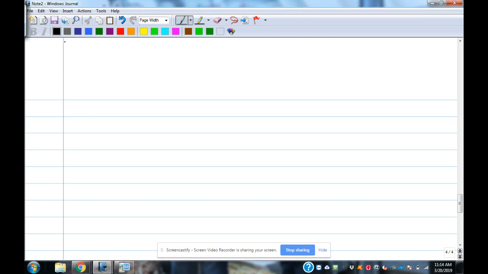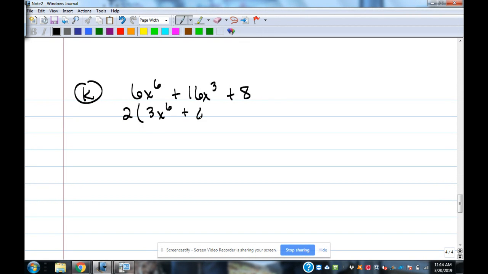Let's look at another one of those just to reiterate that. 6x to the 6th plus 16x cubed plus 8. What can we do here? 2 is a GCF, so that'd leave us 3x to the 6th plus 8x cubed plus 4.